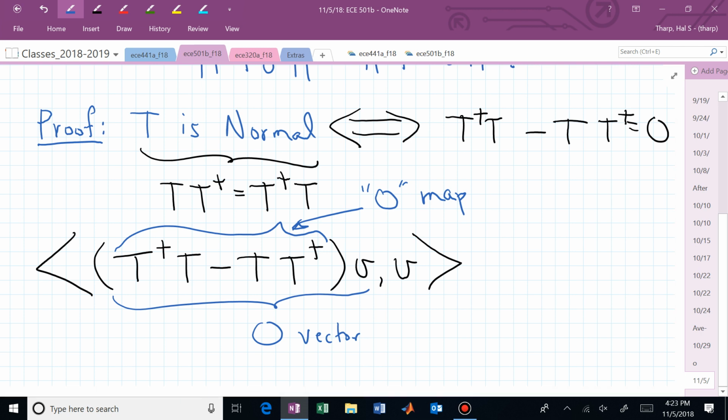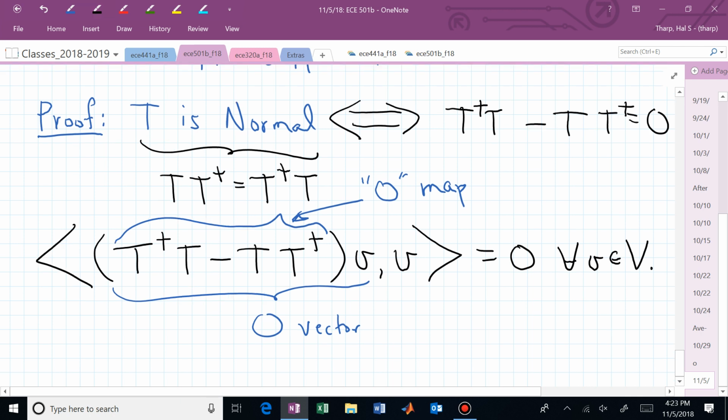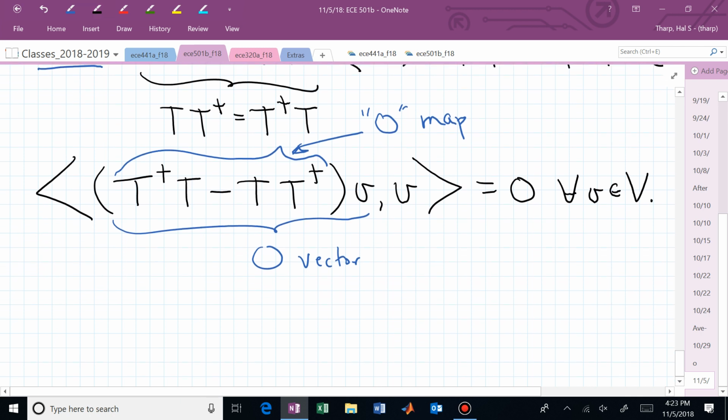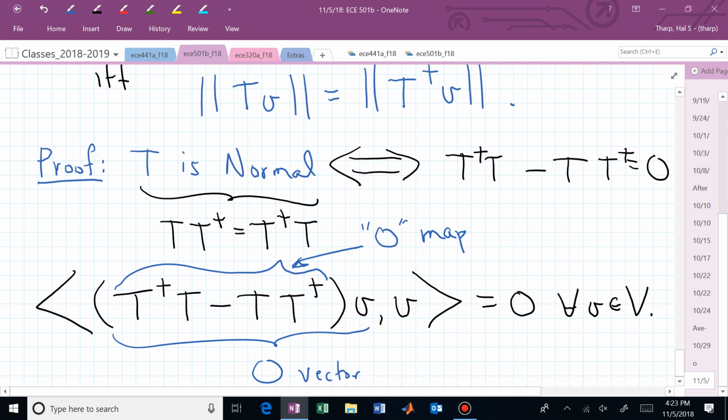And the 0 vector, you know, is orthogonal to every vector in V. So that now we can say this is equal to 0 for all vectors in our vector space. And we created a 0 vector by applying this 0 map to the vector v.